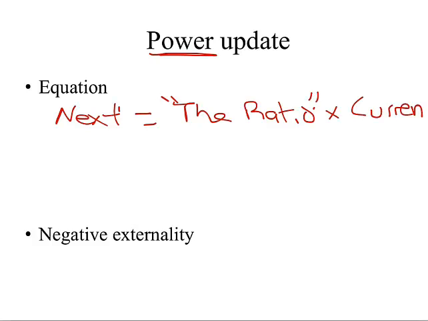And this ratio right here is actually the desired signal to interference ratio divided by the measured signal to interference ratio.